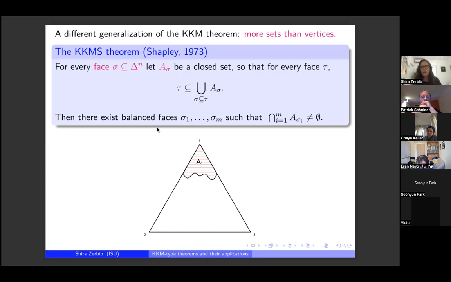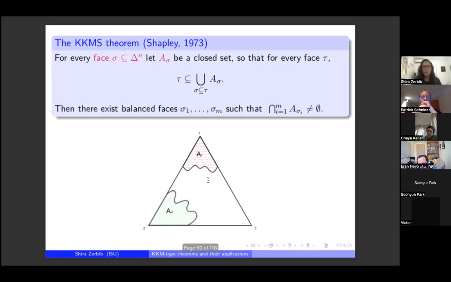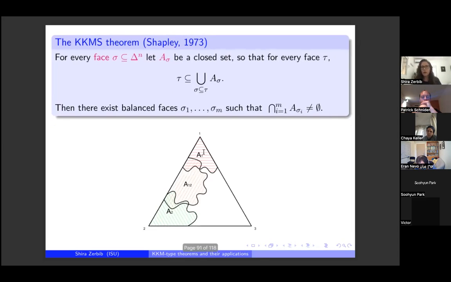And we have, again, a nice covering condition. So vertex 1 still should be in A1, and vertex 2 still should be in A2. But now the edge 1,2 can be in the union of A1, A2, and A_{1,2}, the set that is indexed by this edge.